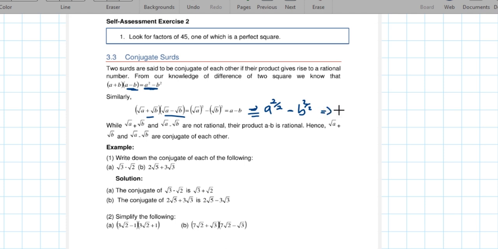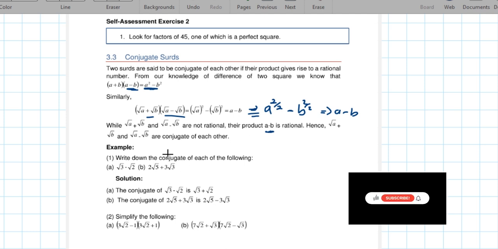That's what we have, a minus b, because 2 over 2 is 1, so it's a minus b. Here a and b are not rational, but their product is rational, this a minus b is a rational number.